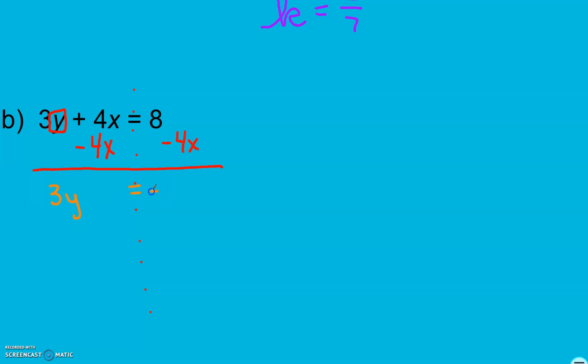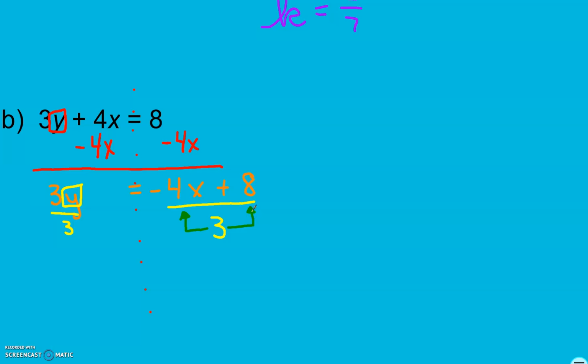Here, I'm going to write this as negative 4x plus 8. I'm going to put my variable term first. And I can't put the 8 and the negative 4x together because they're not like terms. They don't have the exact same variable. Now, I can solve for y by getting rid of my multiplication by dividing. And remember, when we divide both sides, we can distribute that division, just like we did in chapter 1.